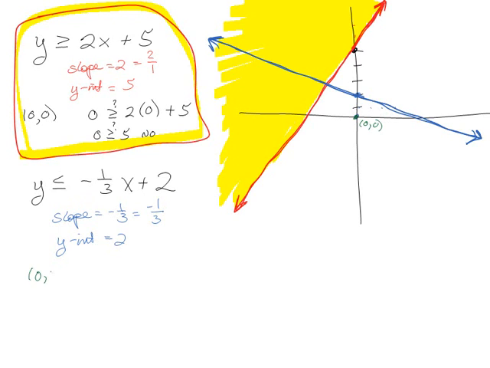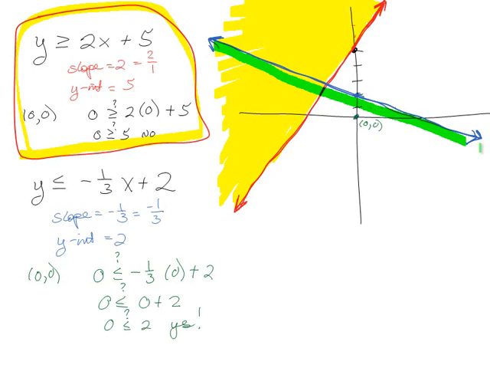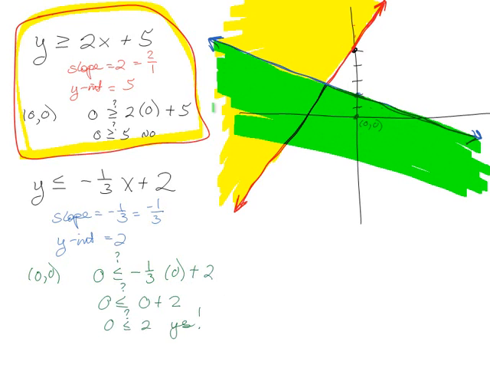If I check 0, 0, I say, okay, 0, which is y, is that less than or equal to negative 1/3 times 0 plus 2? So is 0 less than or equal to 2? And it is. So that means that's the part I'm going to highlight or color in. So I'm going to color in everything down here.